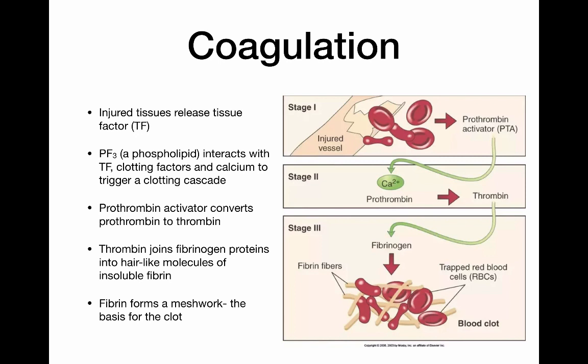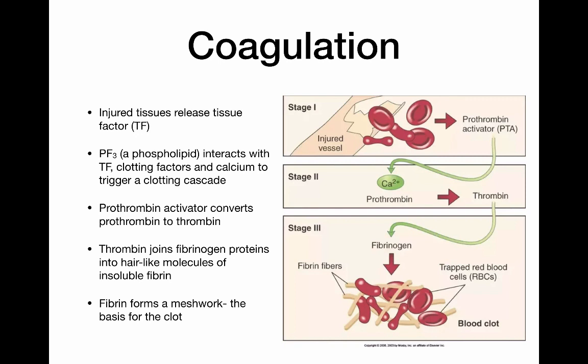Thrombin, once it's produced, provided there's calcium around, then joins with proteins called fibrinogen, and it makes these hair-like, tough strands of insoluble protein called fibrin.